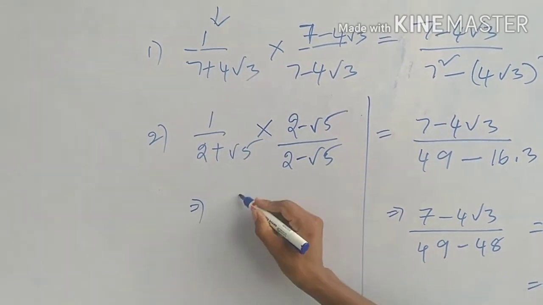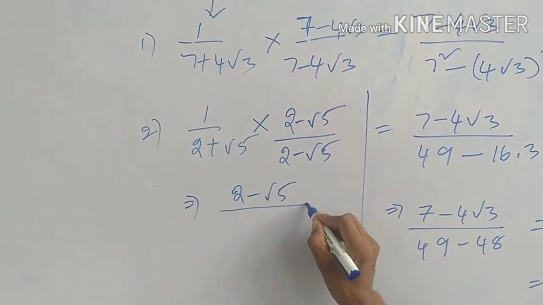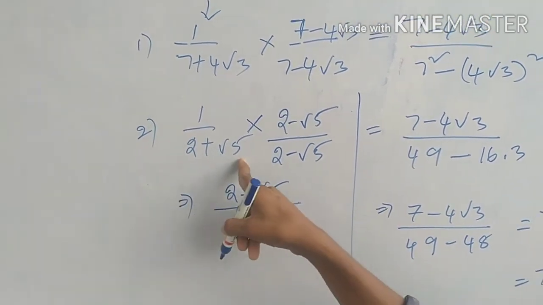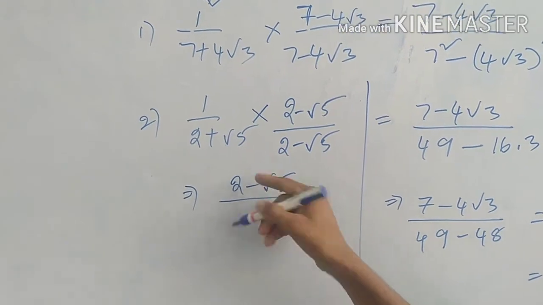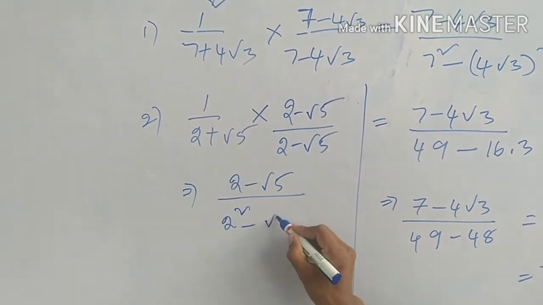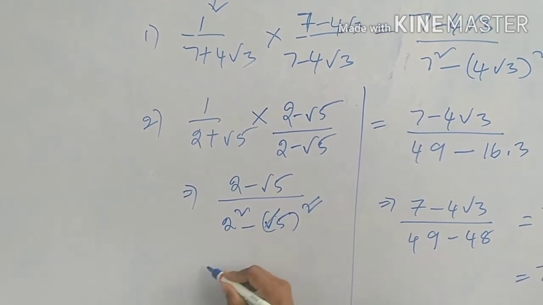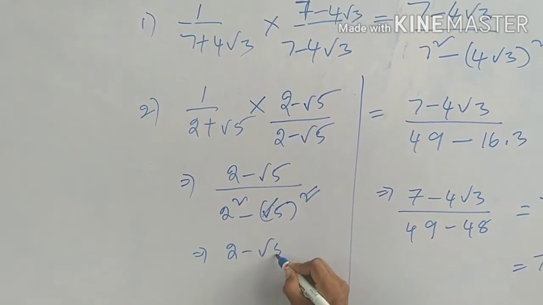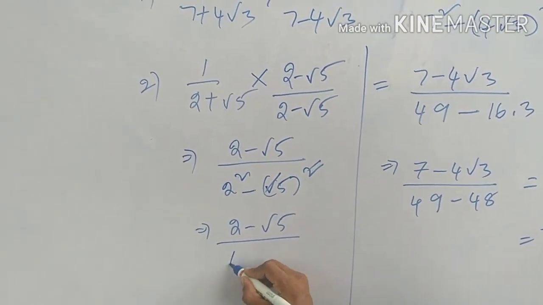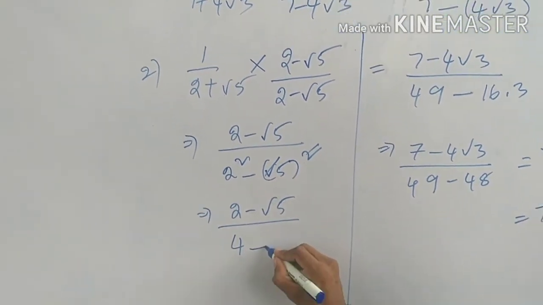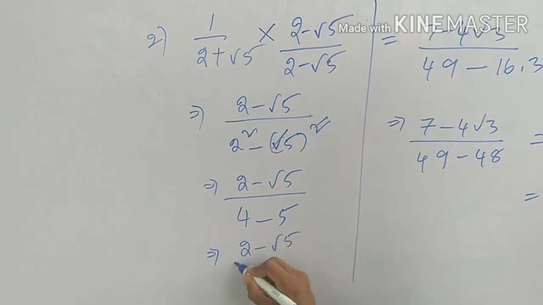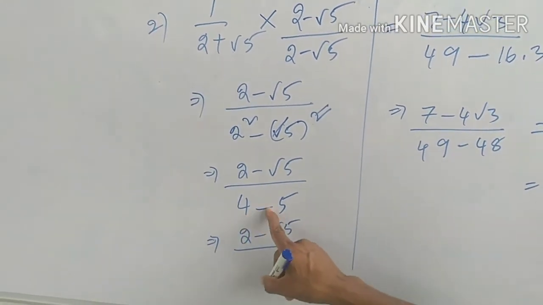So 1 into 2 minus root 5 is 2 minus root 5. Denominator: 2 plus root 5 into 2 minus root 5. From algebraic identities, a plus b into a minus b, the result is a square minus b square. Here a is 2, so 2 square minus b square is root 5 whole square. The square and root cancel. 2 minus root 5 by 2 square means 4 minus 5.